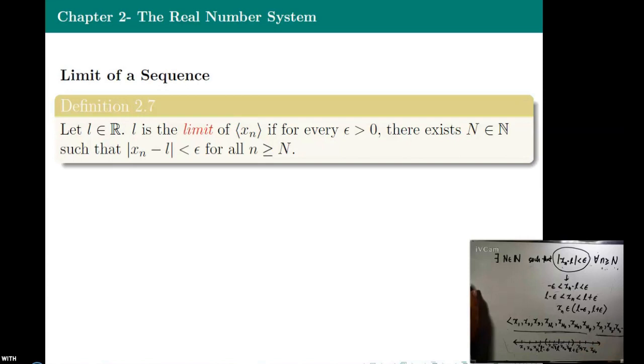As you can see, there are infinitely many terms of the sequence within this interval. If we have here x sub 3, it would be x sub n sub 5 here, 6, and so on. So they tend to approach the number L, which is what we call the limit of the sequence.